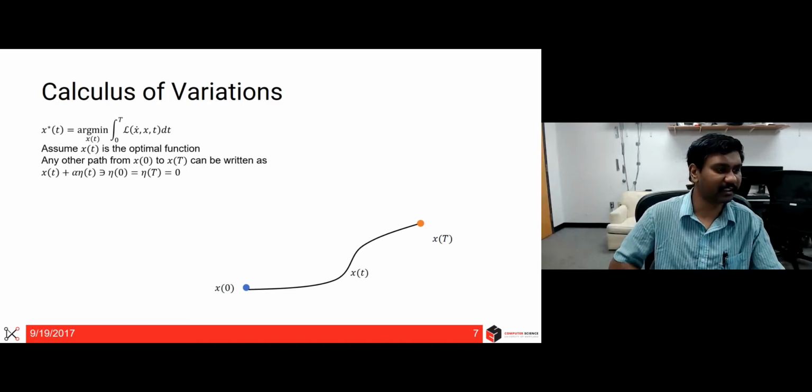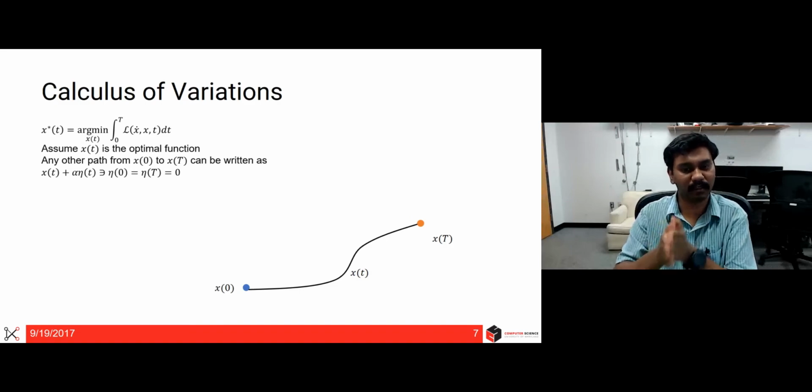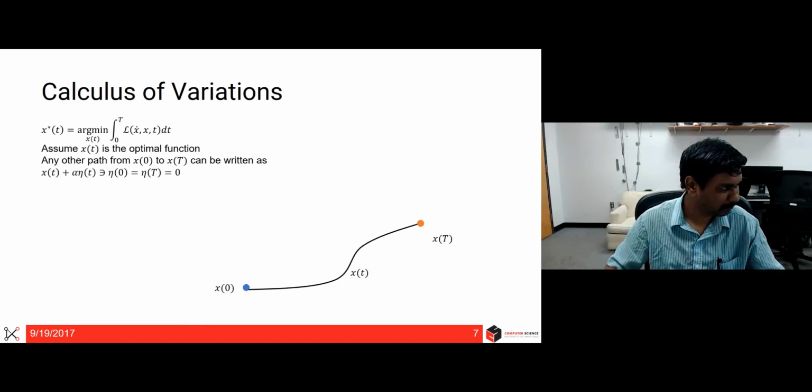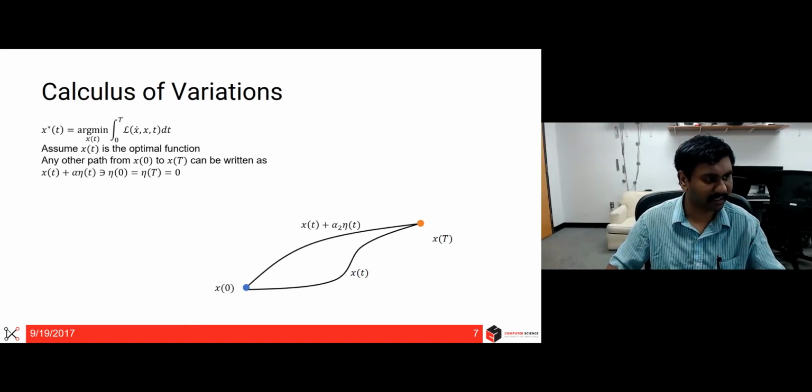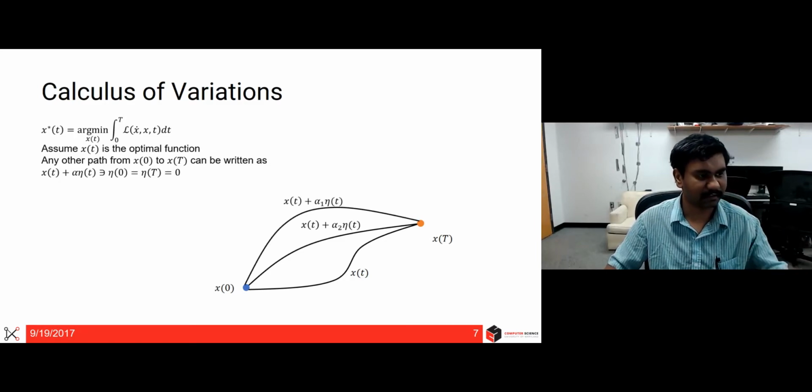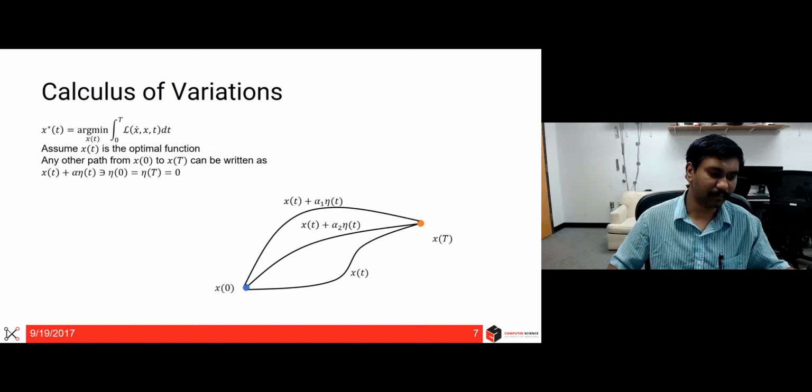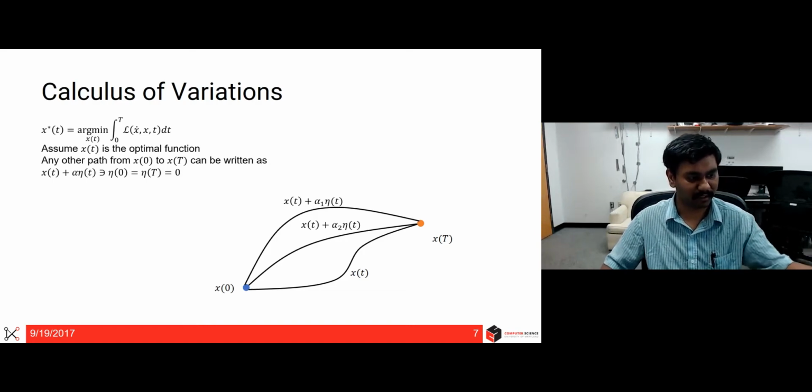The idea here is any other trajectory would basically take more work than the optimal trajectory. One case is shown here, the other one is shown here, and you can observe that it need not be in terms of distance, but in terms of work done, this will be more than what x of t is.